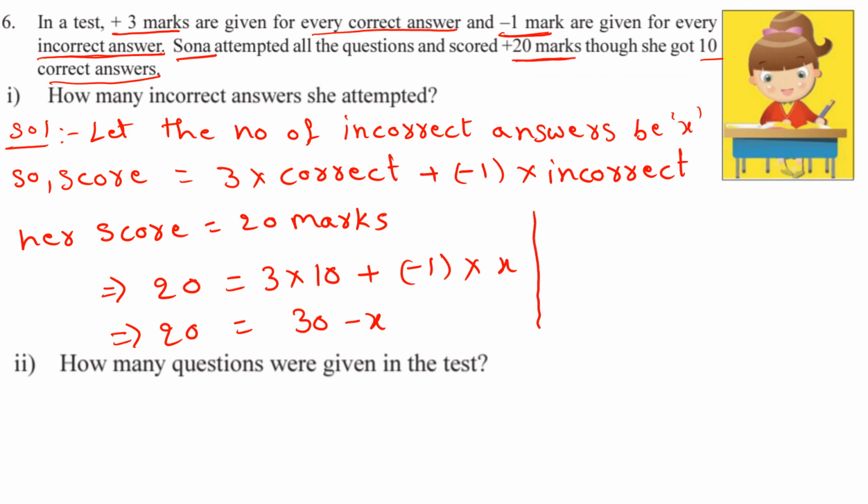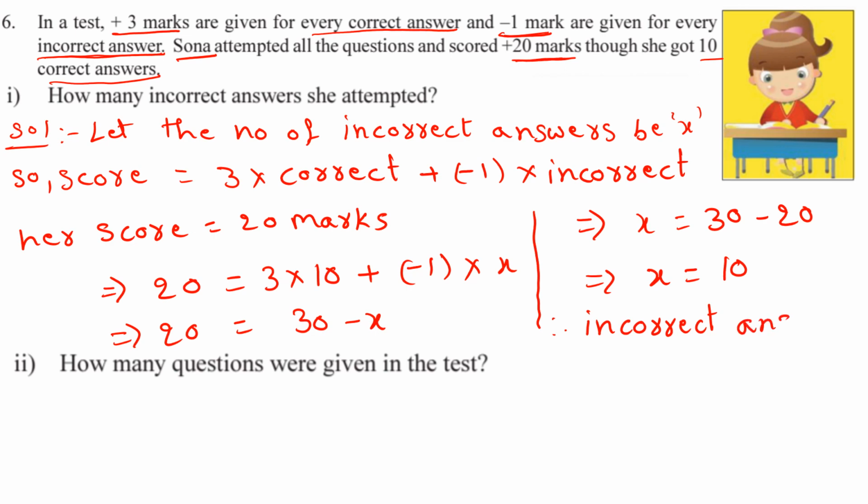If we transpose, x equals 30 minus 20, which implies x equals 10. Therefore, the incorrect answers she attempted equal 10. That is the answer for the first question.